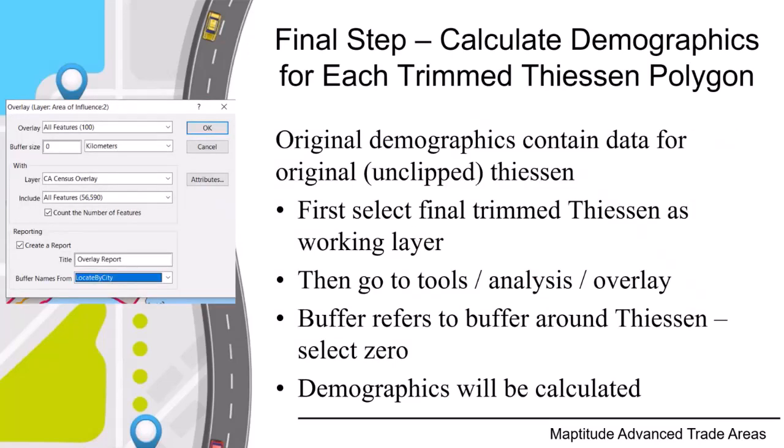For the Thiessen polygons, the final step, once you have calculated the trimmed ones, is you want to add in the demographics. And Maptitude makes that very easy.